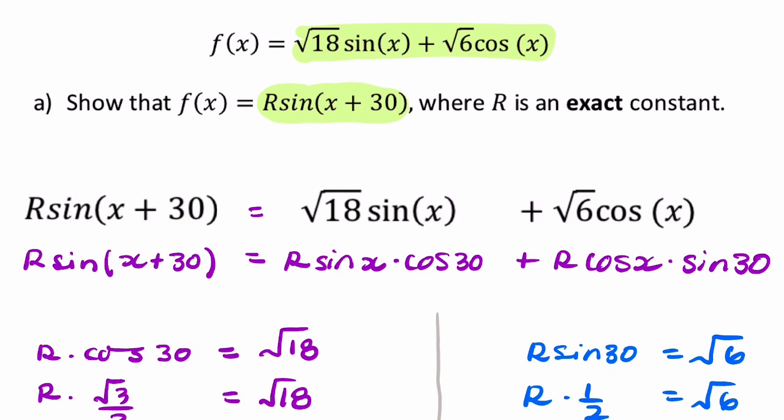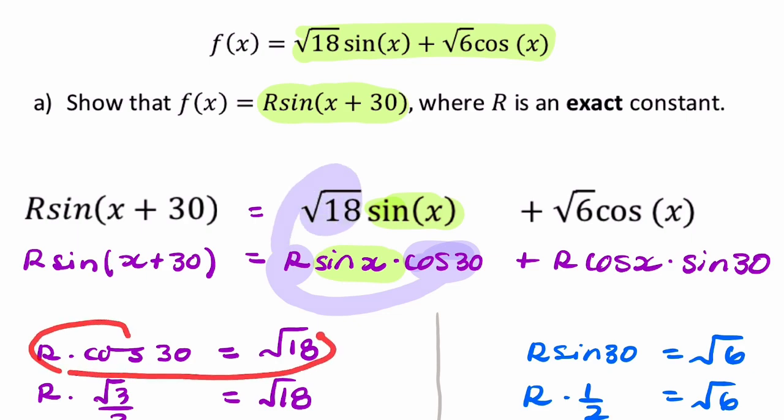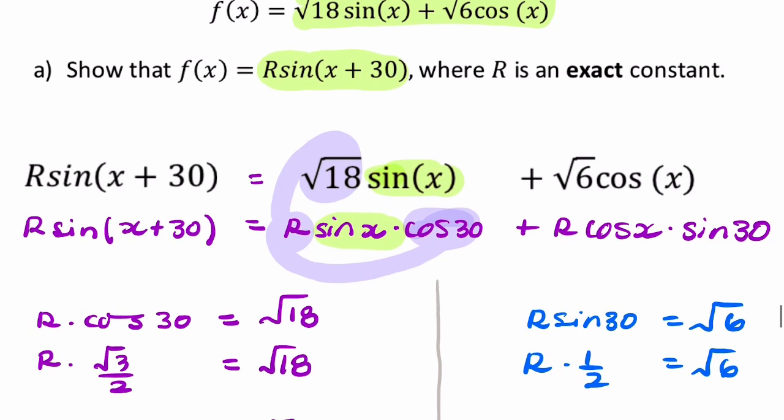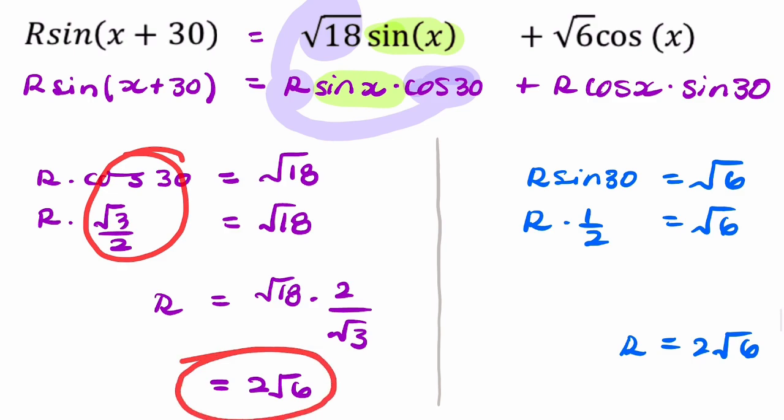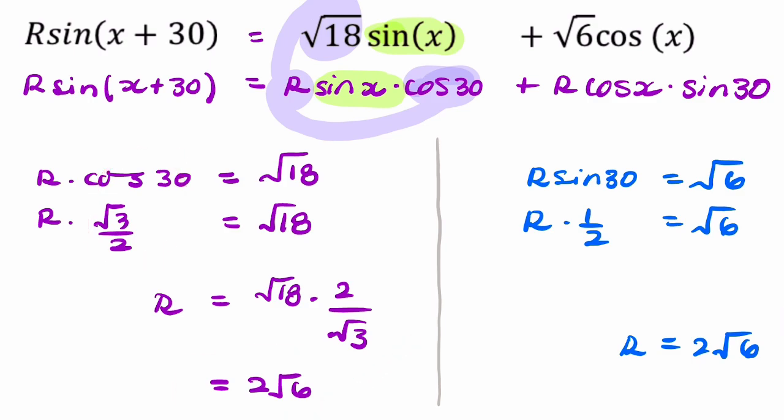And then if you look at each of these terms, this sine corresponds to that sine. So therefore, you could say that R cosine 30 must equal 18. And from that, because cosine 30 is root 3 over 2, you can rearrange to find R. So that's your value of R.